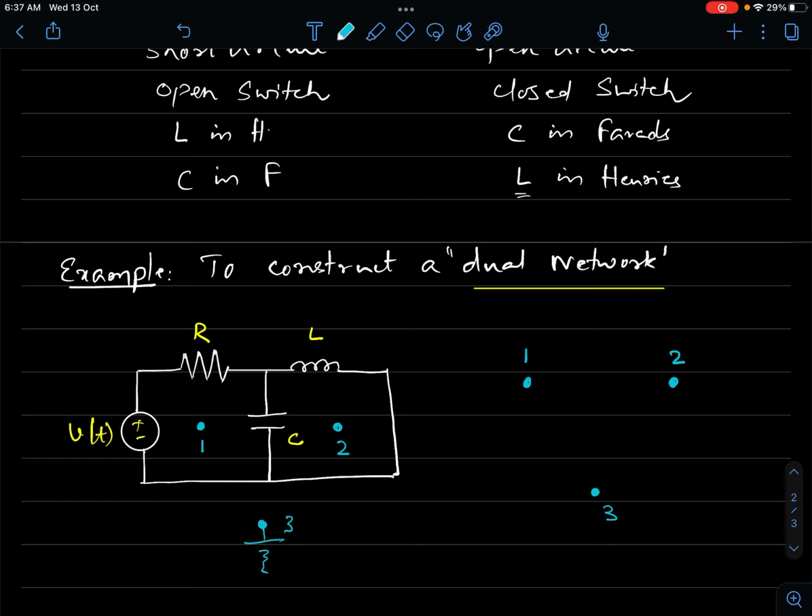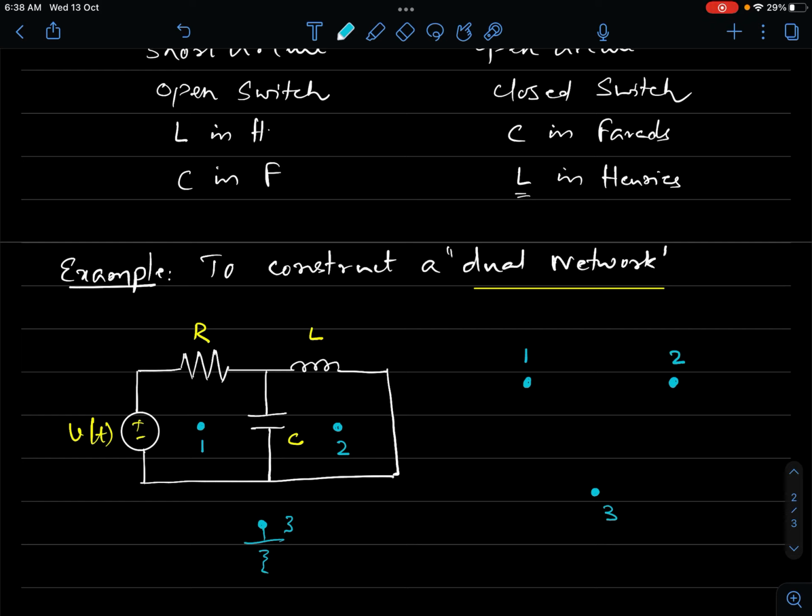Alright, now we draw lines from node to node through elements in the original network, traveling only one element at a time. So we draw lines from one node to another node in such a manner that we pass through one element at a time in the original network.